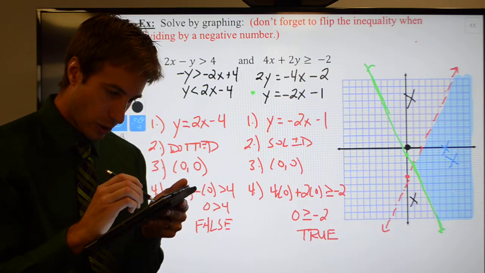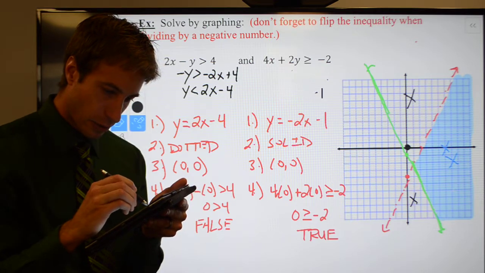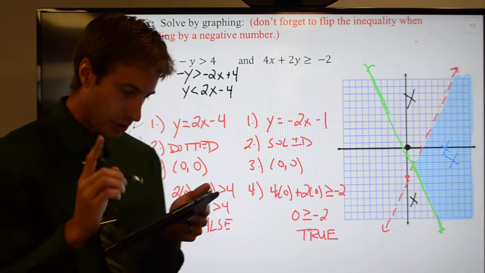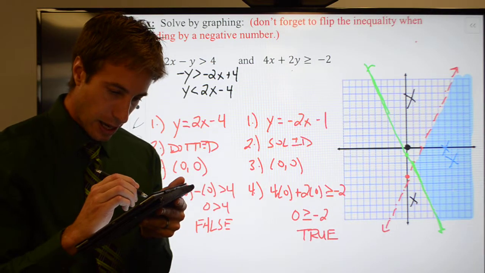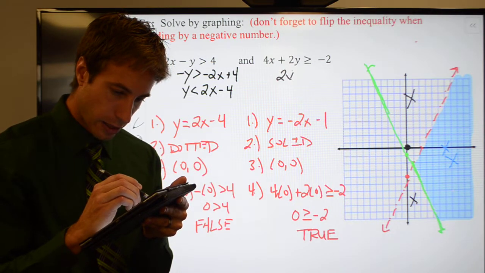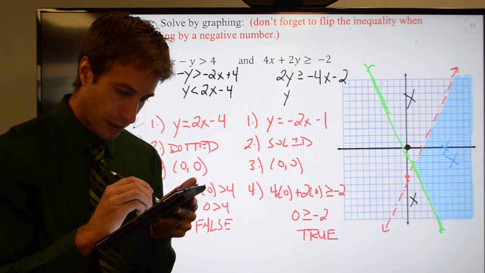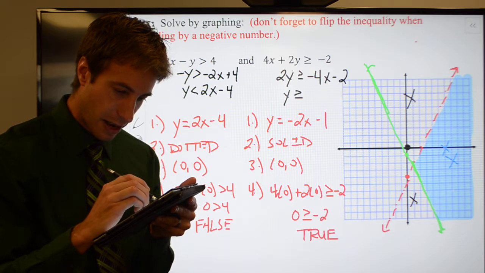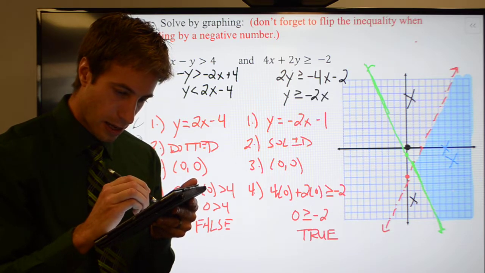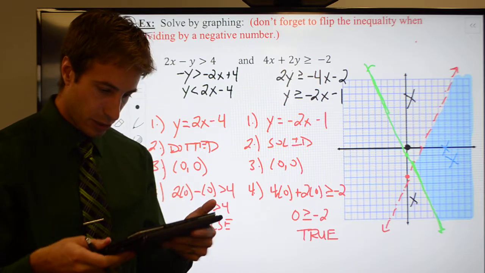Okay, this one over here, I don't think I have to worry about a negative, right? I don't think that happened to me. I would have a 2y greater than or equal to a negative 4x minus 2. I divide by 2. I don't have to flip the inequality, so we're fine there. That'd be a minus 2x minus 1, which is perfectly okay.